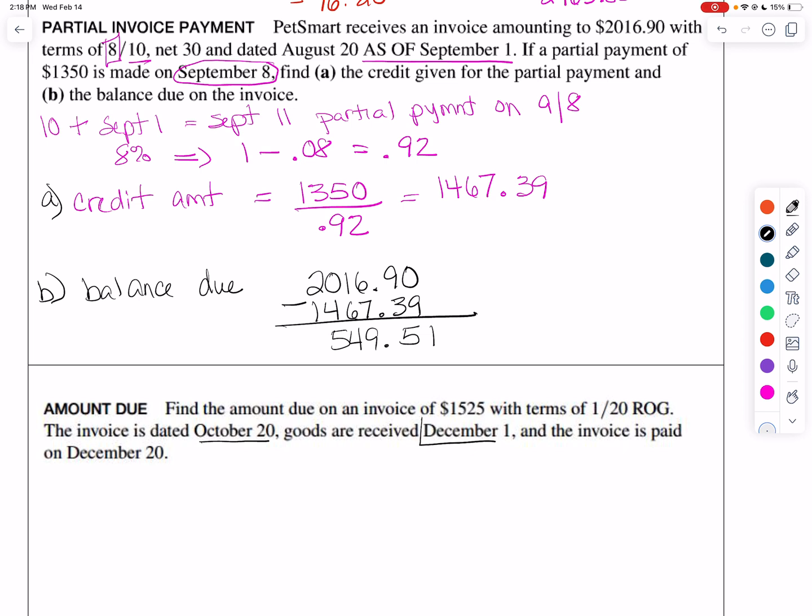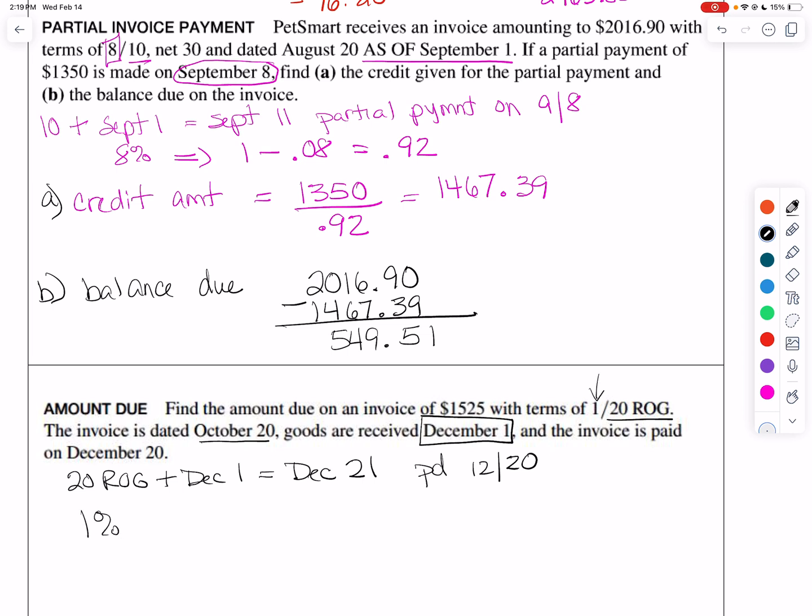The goods are received December 1st, and you get 20 days of receipt of goods. So 20 days receipt of goods plus December 1st says that you receive the discount up until December 21st, which is my dad's birthday. It was paid on the 20th, so they get the discount, which was 1%.